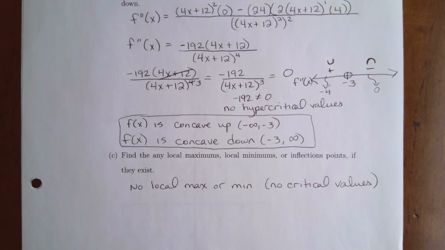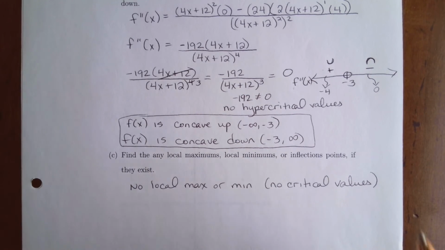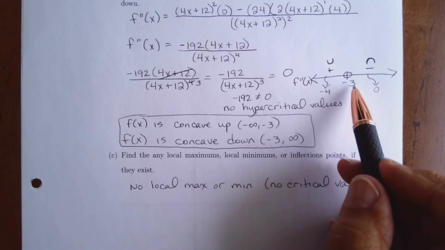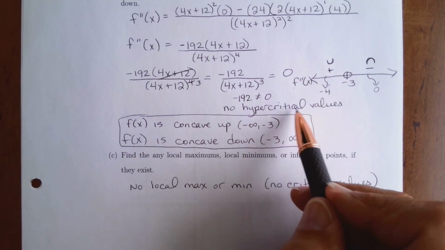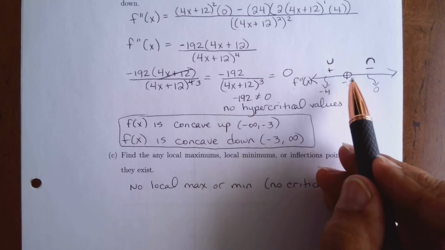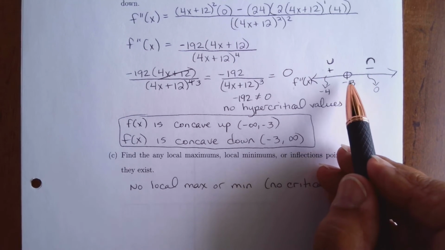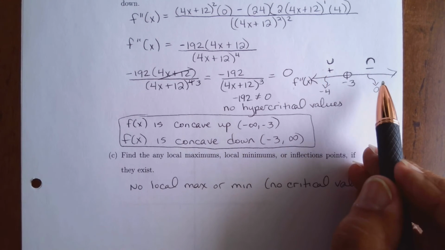Do we have any inflection points? Well, if this was a point in my domain, yes, I guess it would be. But remember, it's not a hypercritical value. That's the point we could not ever use, so that's not a point of inflection. That's an asymptote. We can't use it. So there is no inflection point.